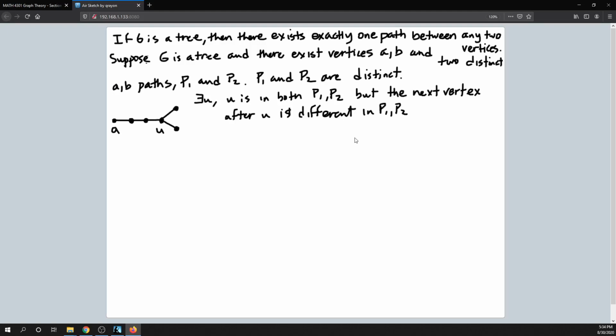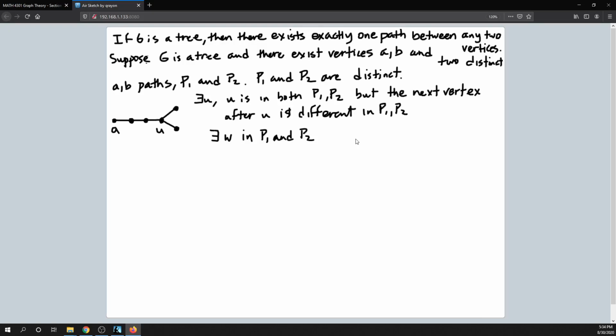Then after that, there has to be some vertex W in P1 and P2.